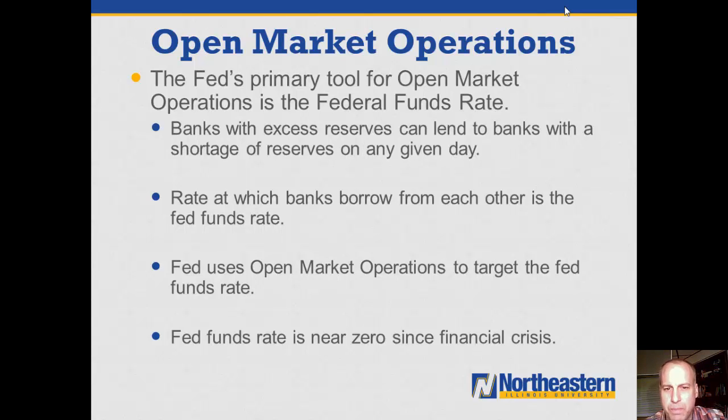And the Fed uses open market operations to target this federal funds rate. Since the financial crisis, the federal funds rate has been very close to zero, between 0 and 0.25%. It's been at zero for several years now, and there's just recently talk about perhaps beginning to raise the Fed funds rate above zero this summer.